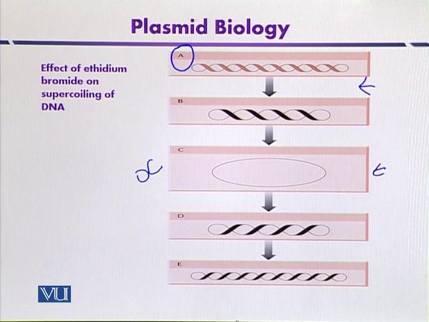And if the intercalation of ethidium bromide keeps on going, then the rewinding of the DNA will start in step D, but now in the opposite direction.